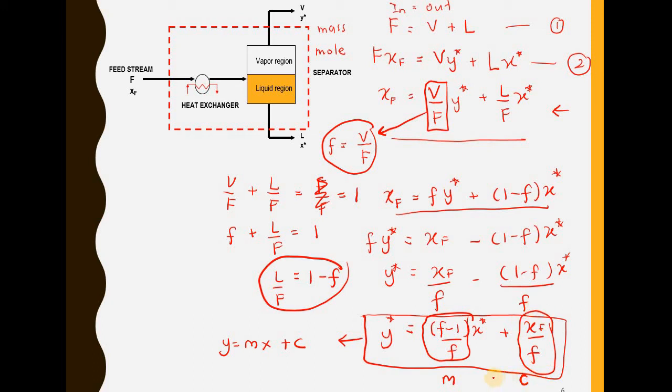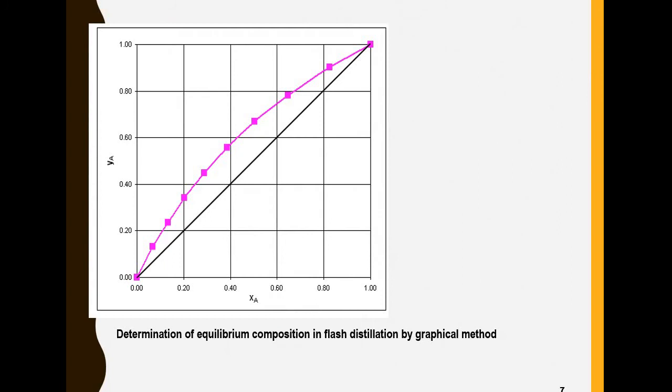intercept C. Next, if you can still remember the VLE data, vapor liquid equilibrium data, for the distillation process we must know the VLE data for each mixture that we want to separate. From the VLE data, we will form a curve here.